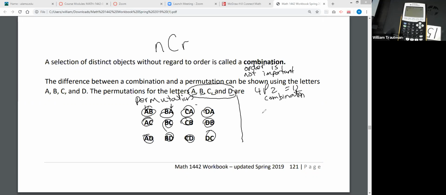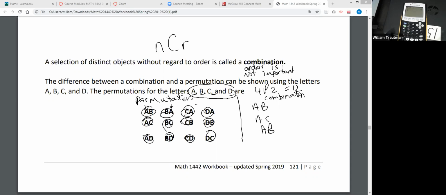In combination, the order doesn't matter. So if we have an AB, we don't need a BA, because BA is the same as AB. For combination, if you have an AB, you can't have a BA. AB, AC, AD. We already have an AB over there, or a BA.